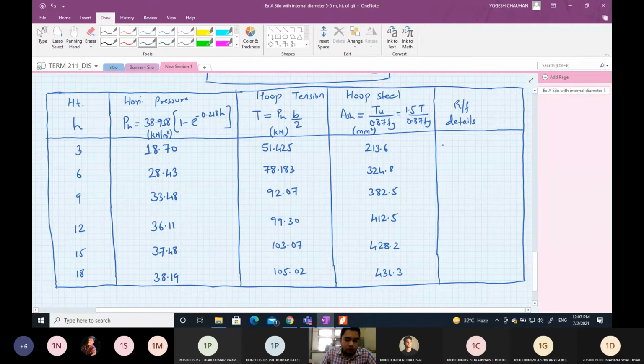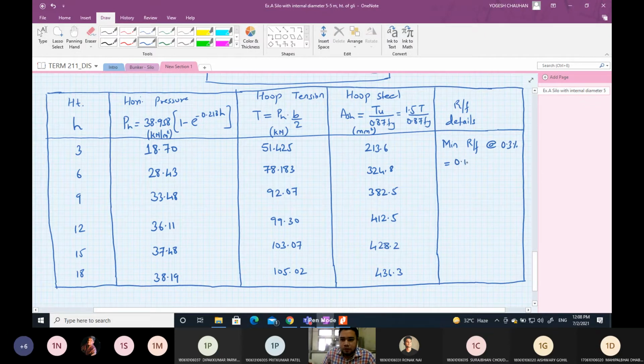So the minimum reinforcement for steel in direct tension at 0.3%, this will be equal to 0.3.